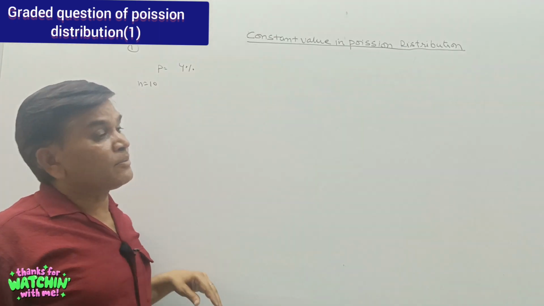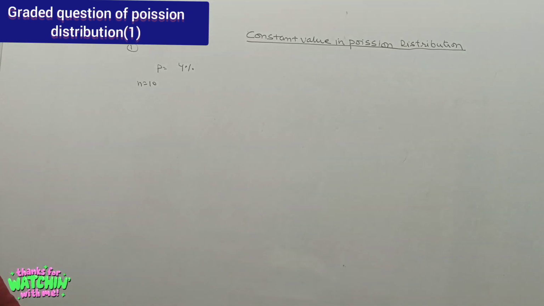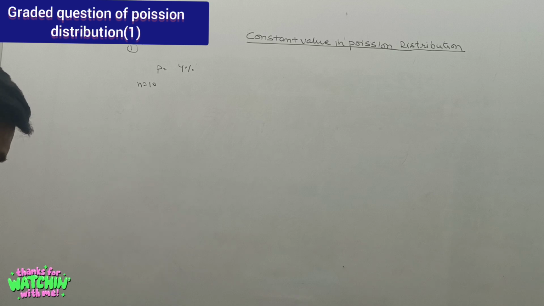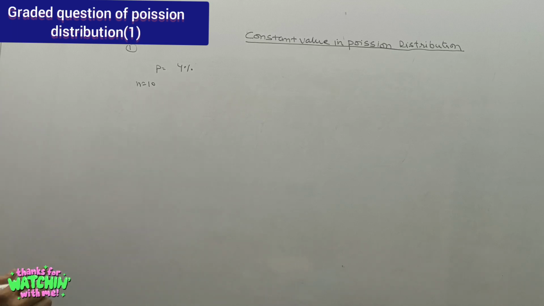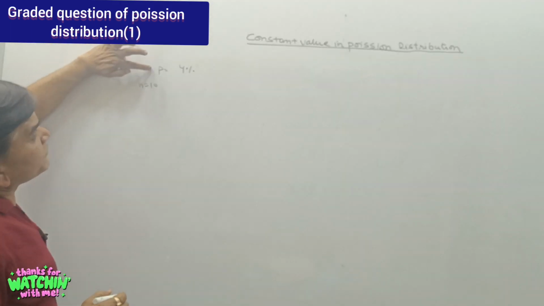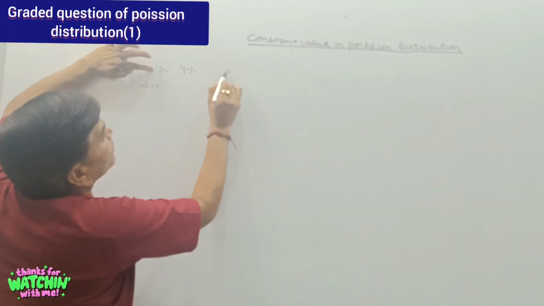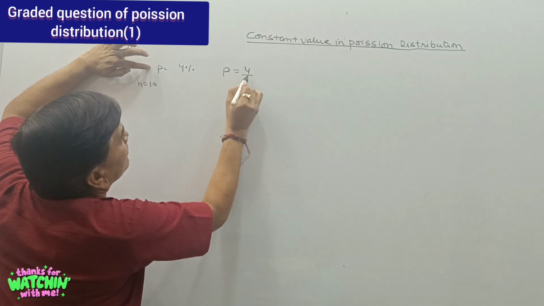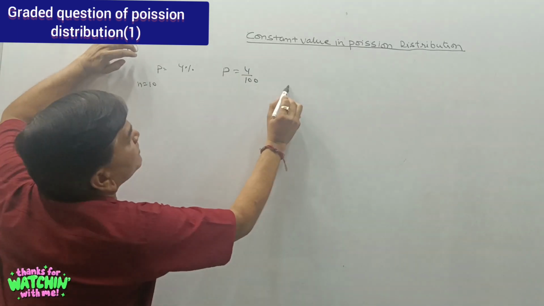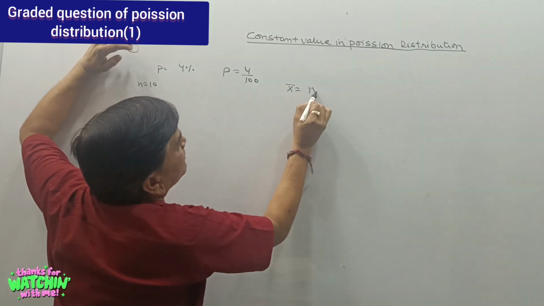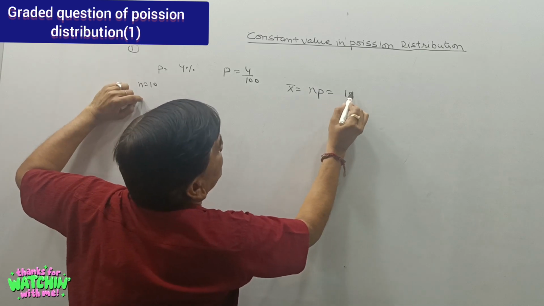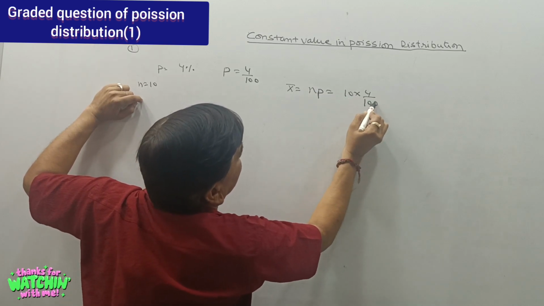So we have to calculate for not more than 2 defective items. Here the probability of a defective item is 4 upon 100. So the arithmetic mean, that is np, is 10 multiplied by 4 upon 100.